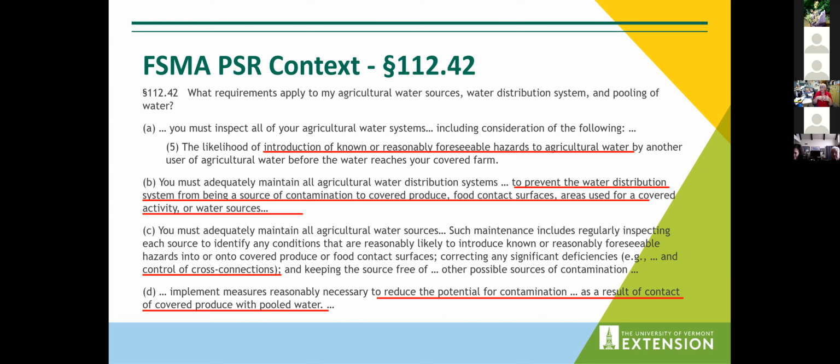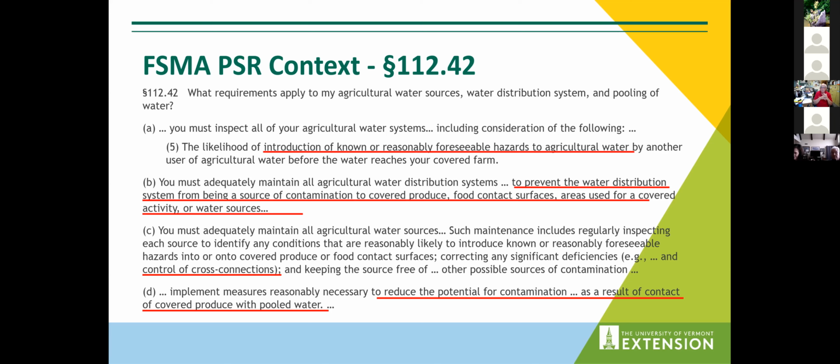Was there heavy rain? Did you get a lot of influx into that water source? Or if you have a pond, but you're really recharging that pond from a stream, that's where the issues can be. You cannot necessarily control what happens above you because it's someone else's property, but being reasonably aware of what's happening and the potential of that hazard, that's what it's referring to.